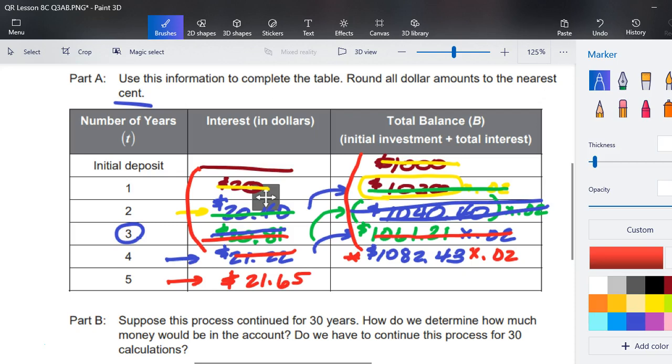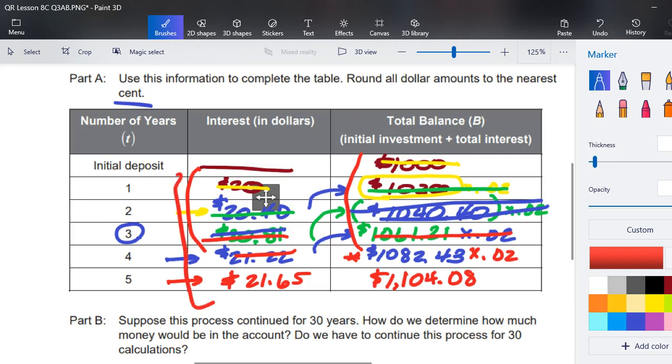I will add $21.65 to $1,082.43 for the final balance in this scenario of $1,104.08.